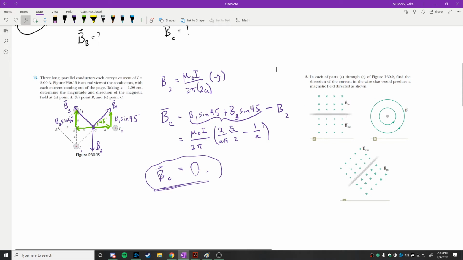So for A, you'd put either left or right. For B, you'd put either in or out. And for C, you'd put, I don't know, northeast or southwest. Or what do you guys think? Think about it. What's the direction of the current flowing in the wire in each of these cases?